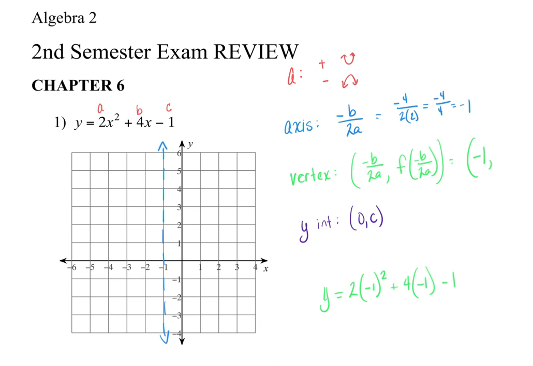Negative 1 squared is 1, times 2. 4 times negative 1 is negative 4. And then minus 1. So I have 2 minus 4 minus 1, which gives me negative 3. So that tells me the y value of my vertex. So I know my vertex happens at negative 1, negative 3. That's the point right here. You just find it on your graph.